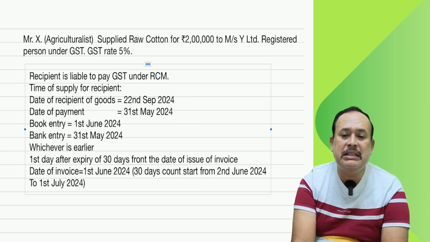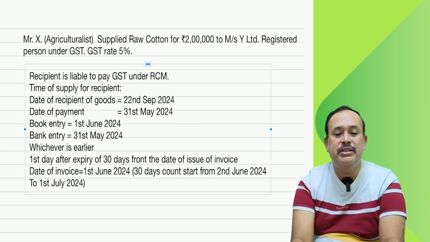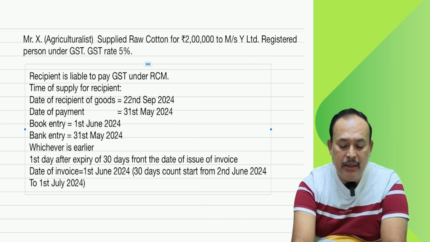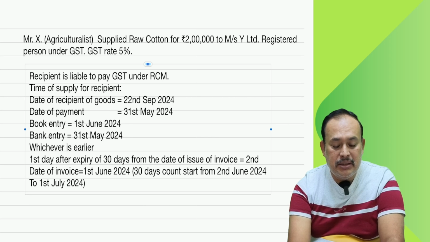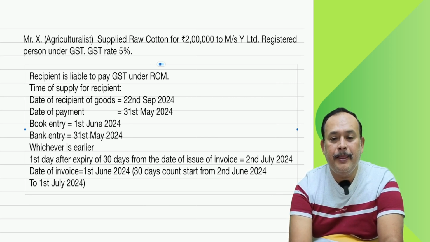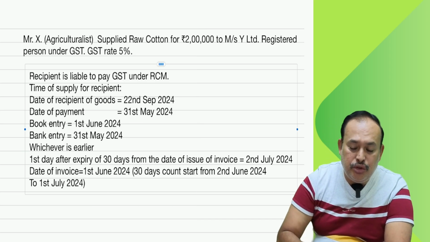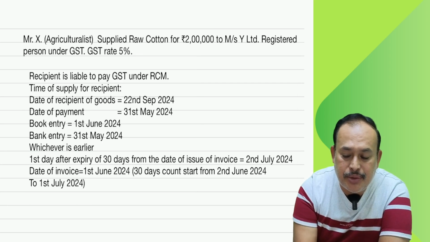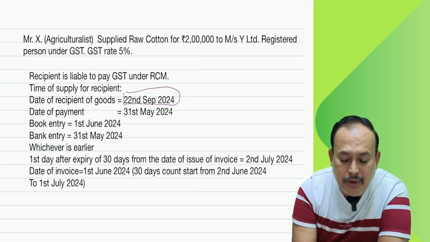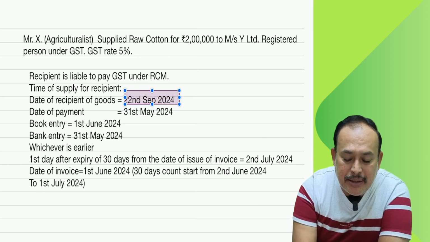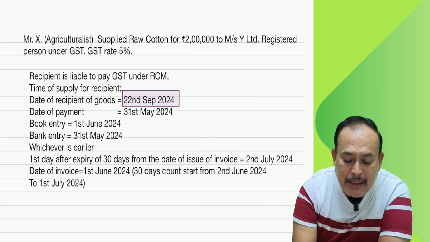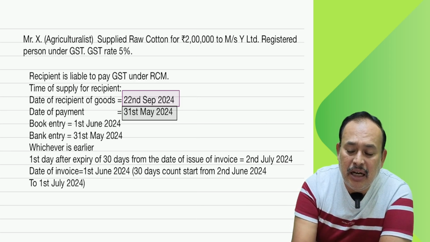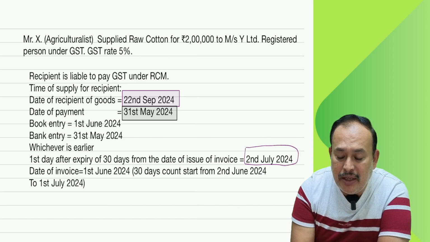The first day that occurs after expiry of 30 days from the date of issue of invoice means what? 2nd July 2024. So here there are 3 dates: date of receipt of goods, date of payment, and the first day that occurs after expiry of 30 days from the date of invoice.